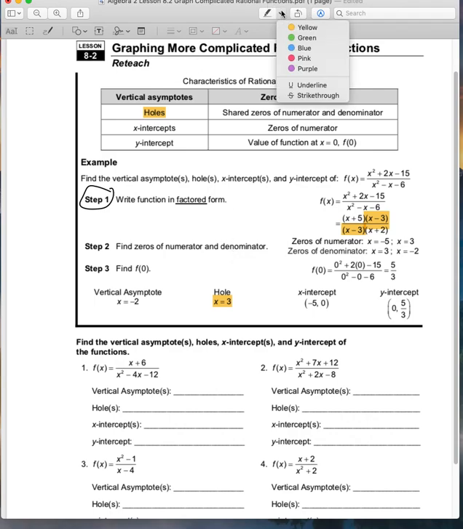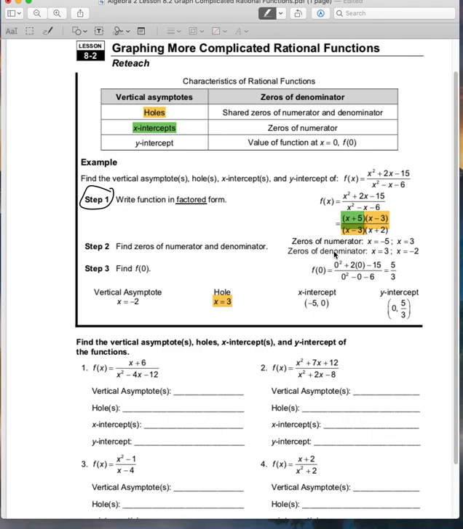The next one they want us to take a look at is the x-intercepts. I'll pick green since that's all I have to choose from for this video. The x-intercepts appear when you look at the numerator and there's a factor that's not a hole, because holes are holes.